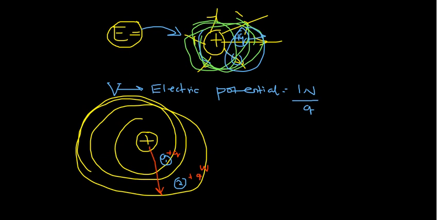Therefore, for comparison, I'll write the work I do to place the charge at point 2 as W2. Similarly, if I take the same charge and keep it at position 1, and you ask me what the work done at this point is, then I can say it will be W1.